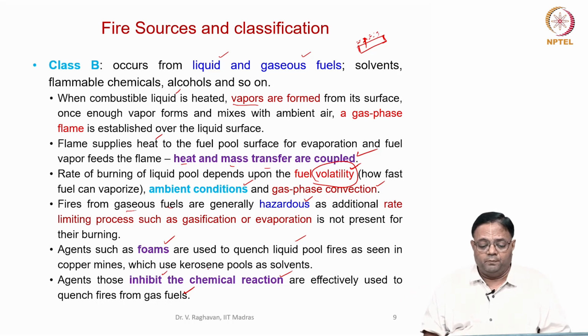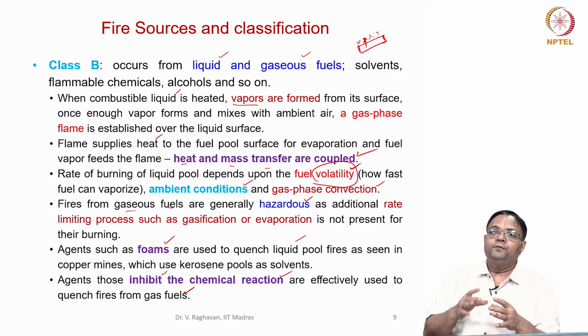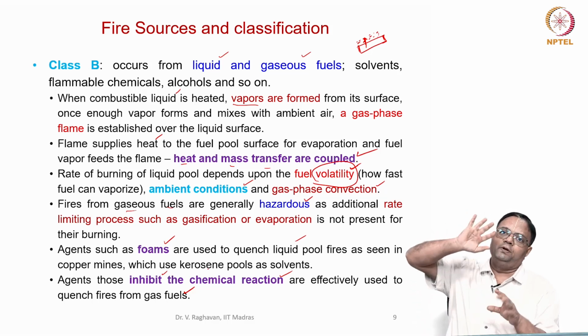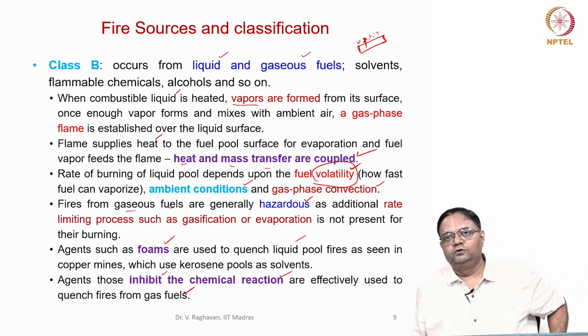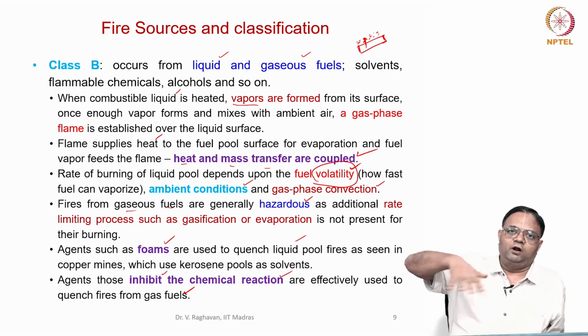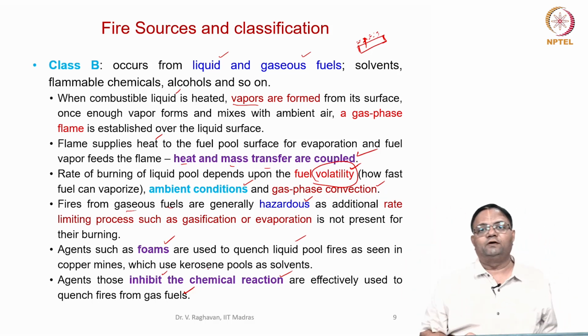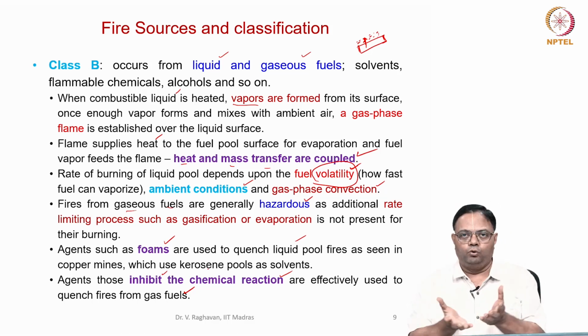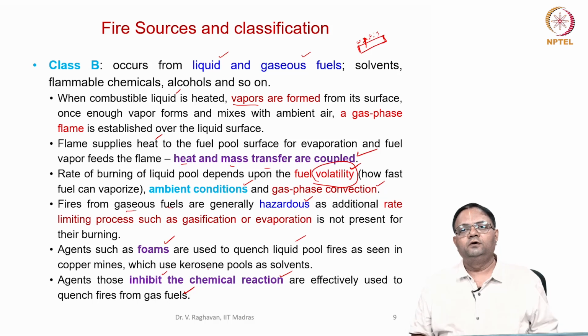So the main thing is, when you want to quench a fire, the fire triangle should be inhibited. For example, if you spray water, temperature is reduced. Water comes to the surface for the solid fuel, and so for solid fuel there is no issue. But for liquid fuel, say for example there is a diesel pool which is on fire, if you supply water to this, nothing will happen.